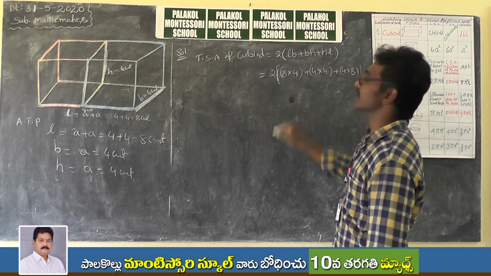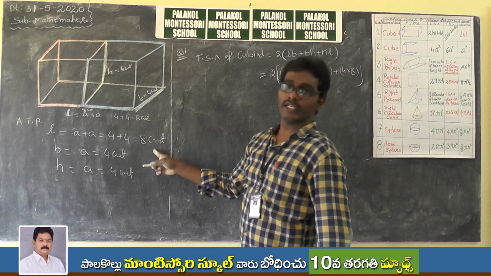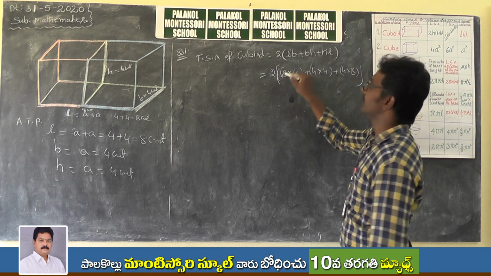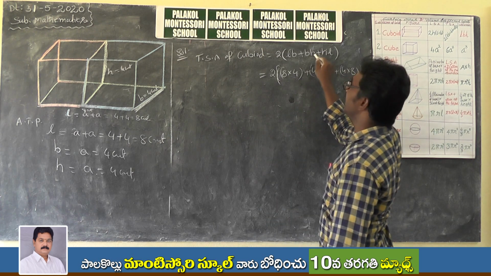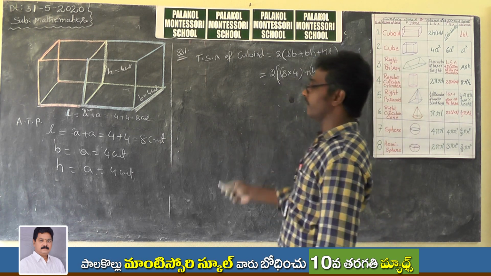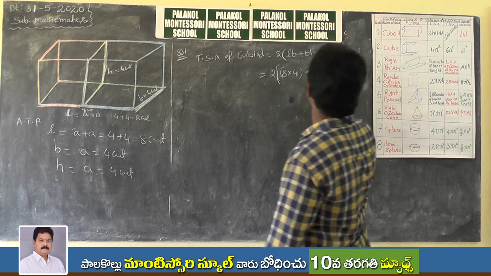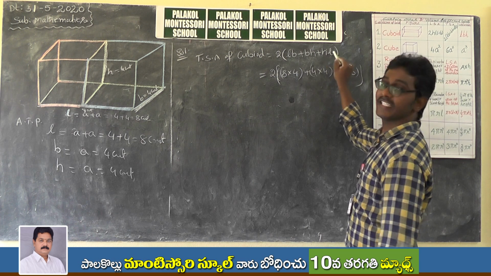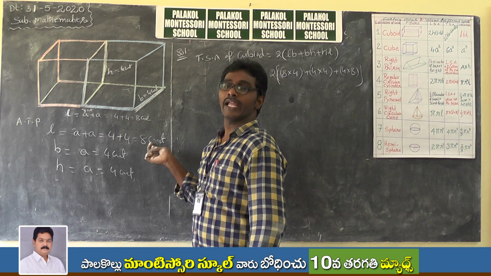Okay guys, remember to bring down the L value. L is equal to 8 centimeters, into B value 4, plus BH, B value is 4, H value is 4, so 4 into 4, plus HL, H value is 4, L value is 8.